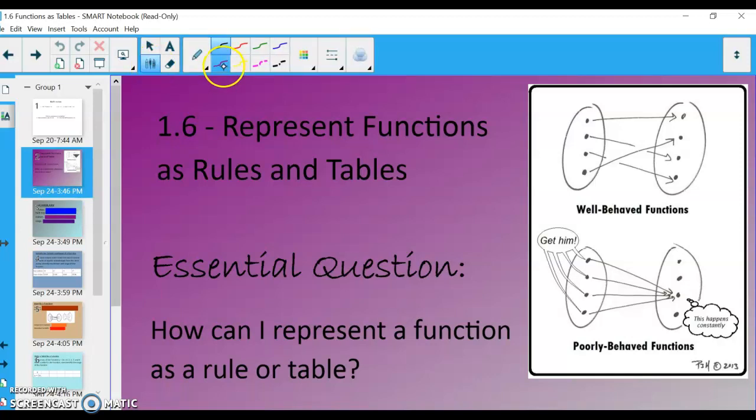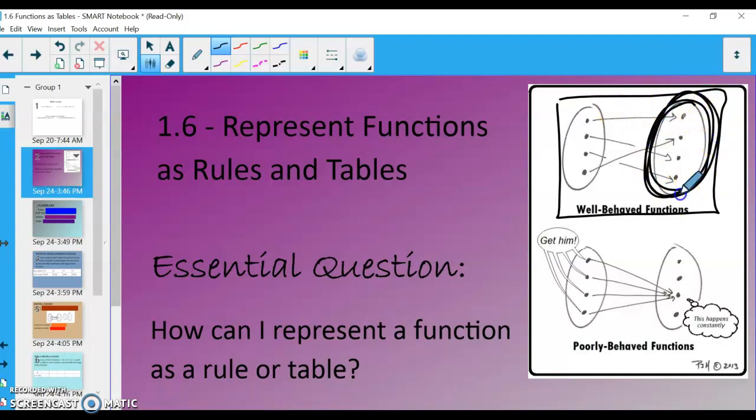There is a function right here, and notice that there's only one arrow going to each of those outputs. That is a function, right?